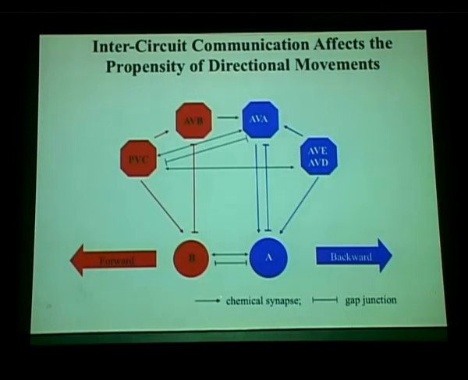Another key study that suggests that the inter-circuit communication affects the selection of locomotion comes from Mark Alkema's work, when he was a postdoc in the Horvitz group as well as in his own group, where he found that a specific neuron called RIM forms a gap junction with AVA and a chemical synaptic input to AVB.